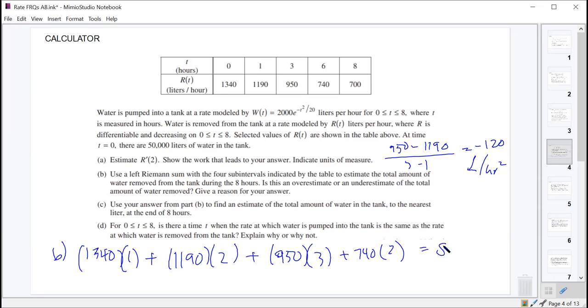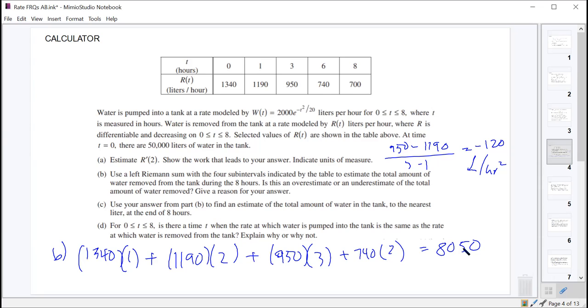People agree with that? Anybody agree with that? Yes. Wonderful. Okay. Second part of part B is this an over or an underestimate?